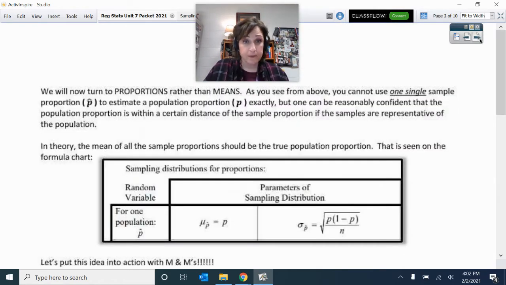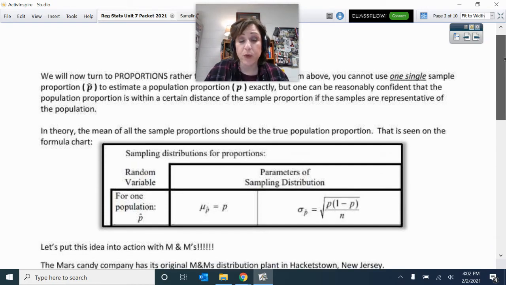We're going to take one single sample, and this is your p with a little hat on top, your p hat. You're going to use it to estimate the population p, and we're going to be doing this for blue M&Ms.